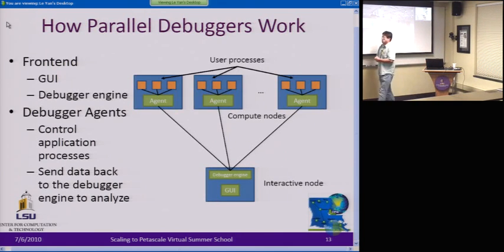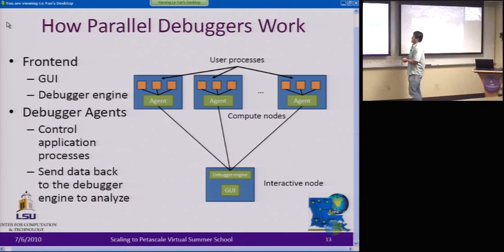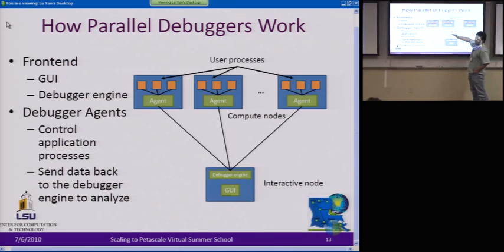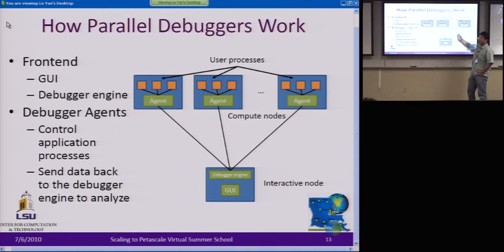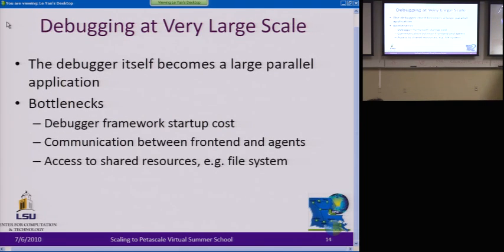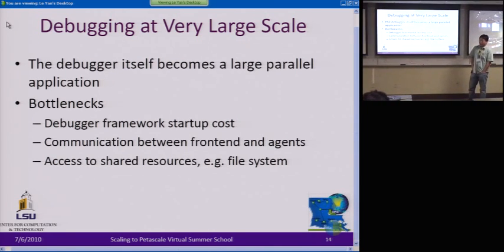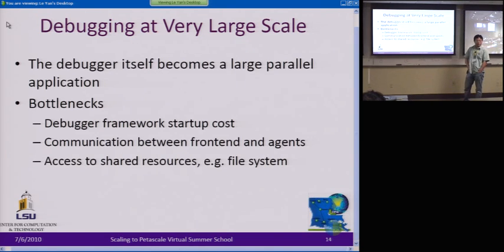So now we have a one level structure here, so you can do certain things like put intermediate agents to alleviate the usage of network and so on. But if the core count is large enough, there will be considerable overhead with the debugger itself.